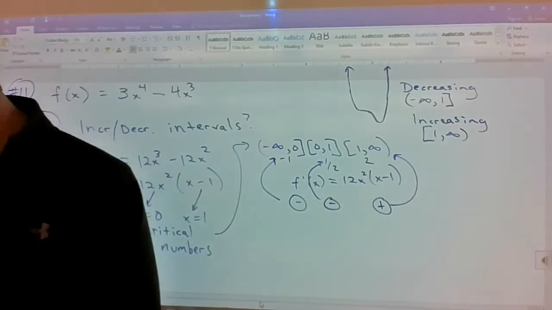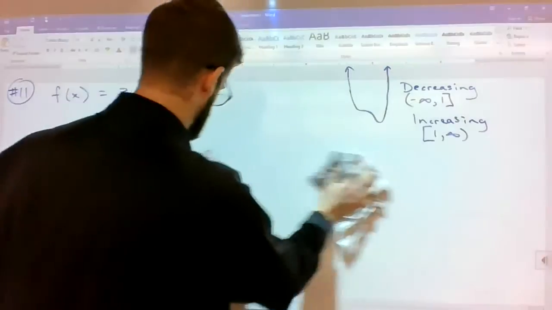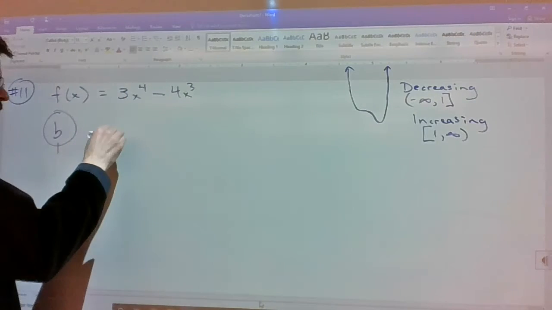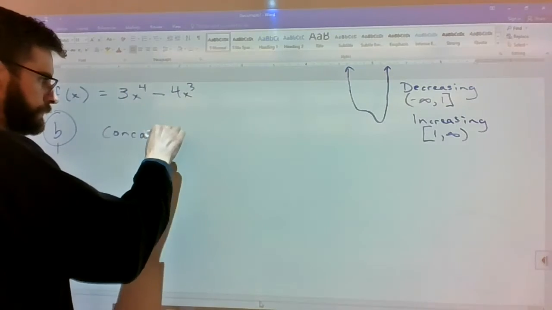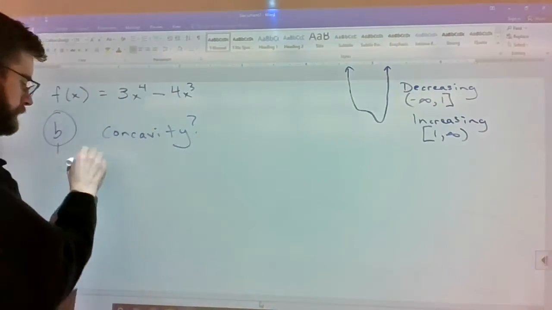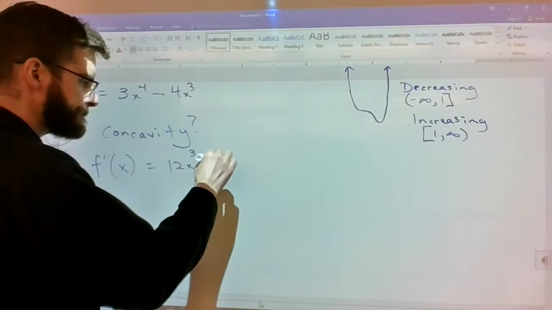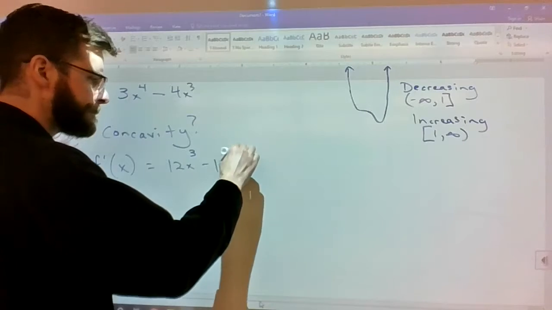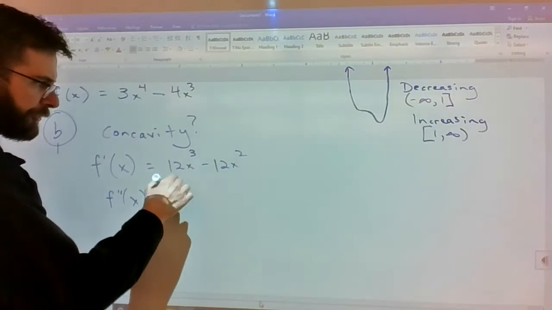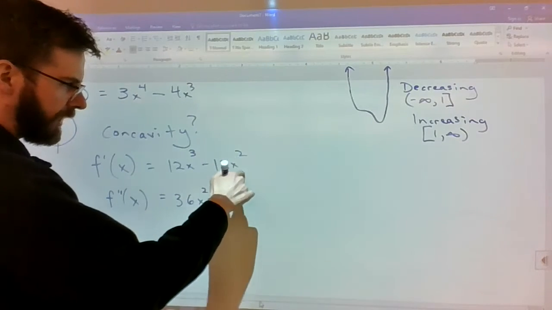There's part A. Part B is find the concavity. So now what I'm going to do is I'm going to take the unfactored version of the derivative, because that's going to be a way easier one to take the derivative of. Take the second derivative, you get 36x squared minus 24x.